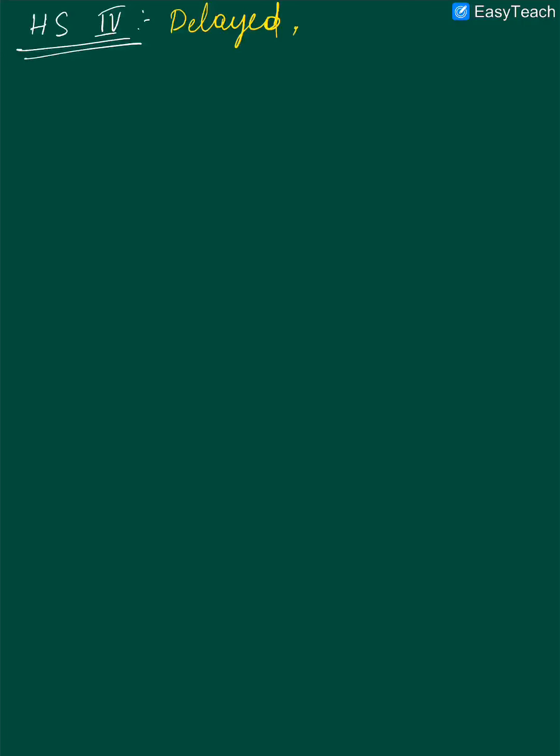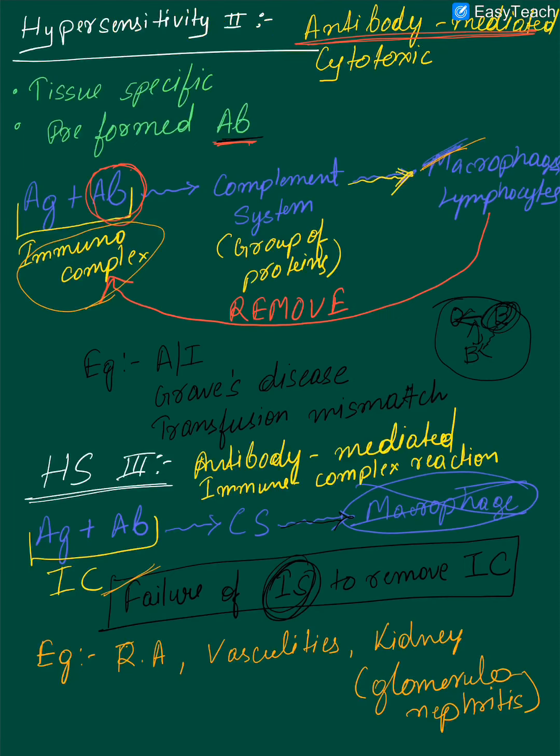It has also got the name T cell mediated and cellular cytotoxicity. From cellular cytotoxicity, I got to remember we also discussed cytotoxicity here, but we did not discuss it. This I will discuss after I tell you about the hypersensitivity type 4.